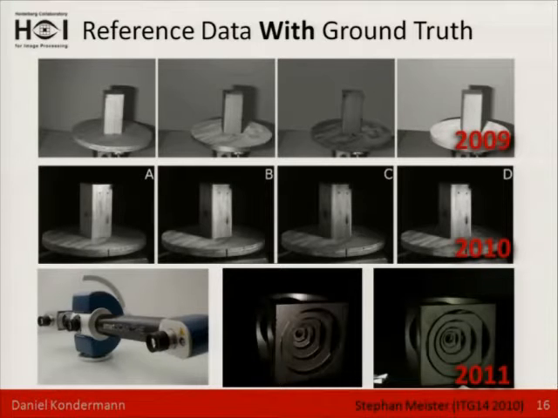Then we asked, okay, now if we have these synthetic data sets and real data sets without ground truth, what can we do? Do we really know that these synthetic data sets are comparable to real data sets? And this is very preliminary work, and we noticed there are lots and lots of problems. We published it at a small conference, and we rendered a scene, and we recorded the scene, and we compared the two, or it was sequences.